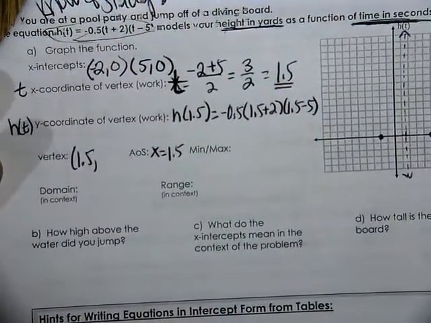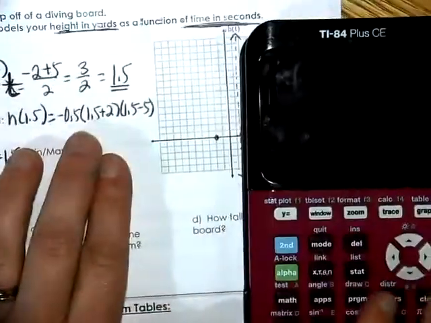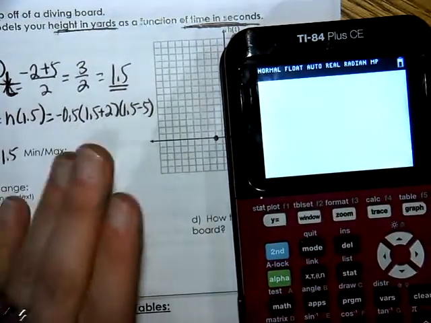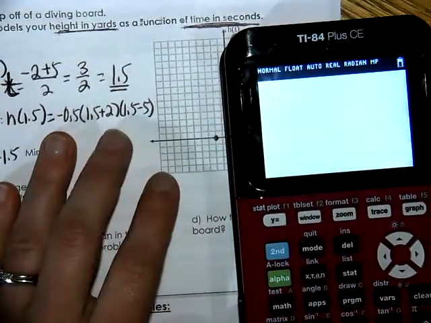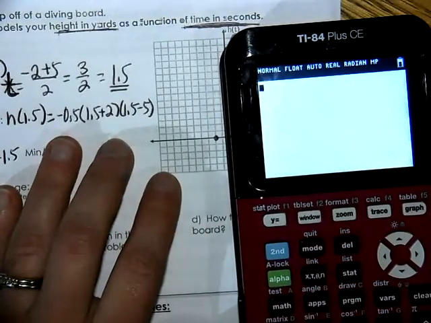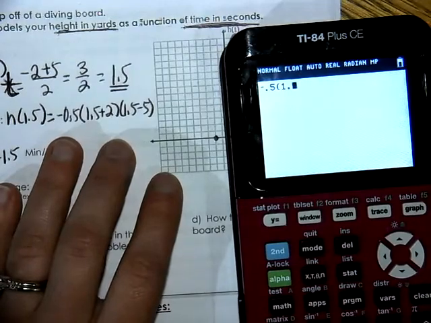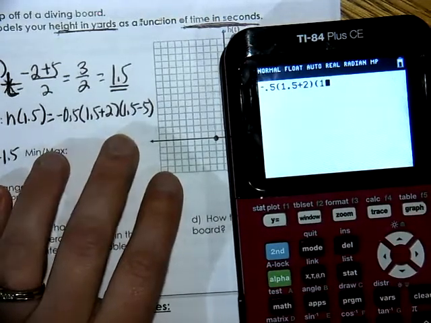As long as you have it substituted into your formula, you can just use a calculator, graphing, scientific, whatever, as long as you're able to put it in exactly as you see it. So I'm going to write -0.5 times (1.5 + 2) times (1.5 - 5).